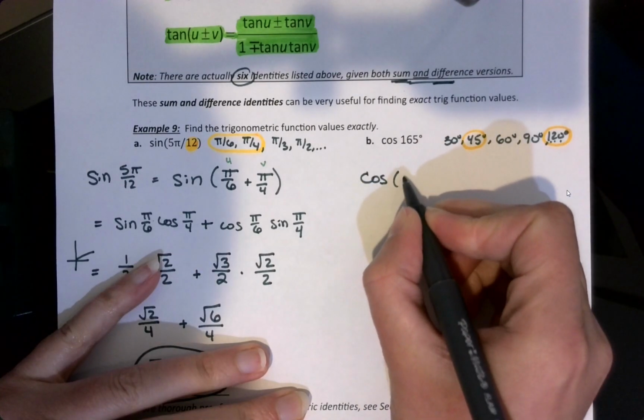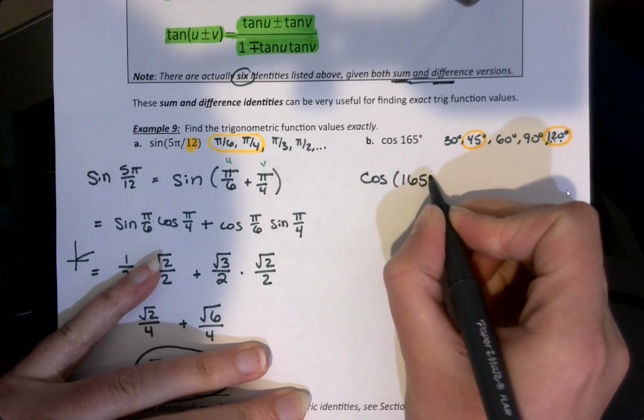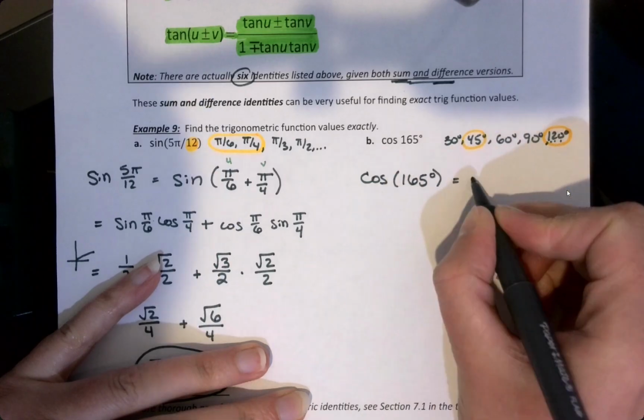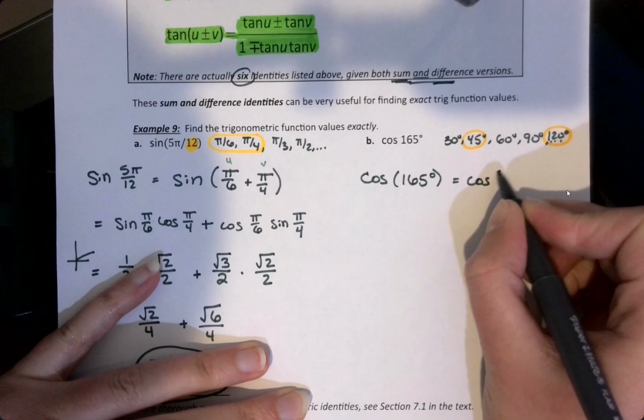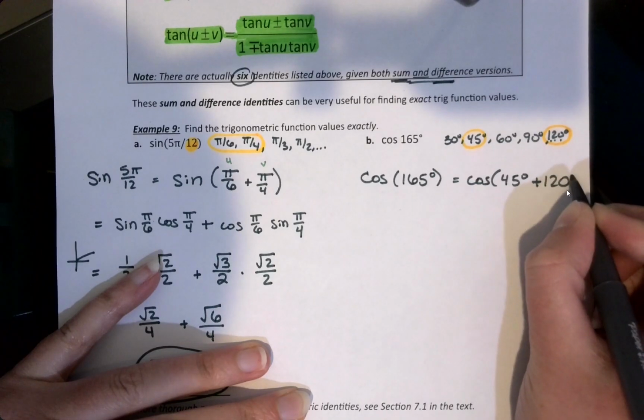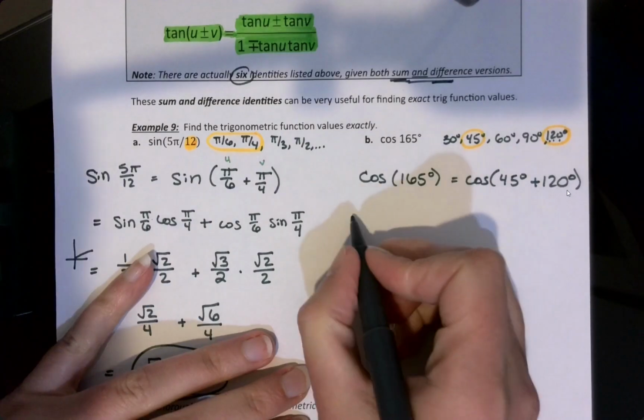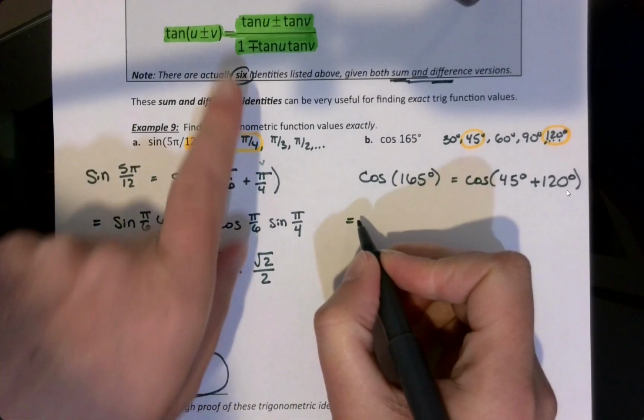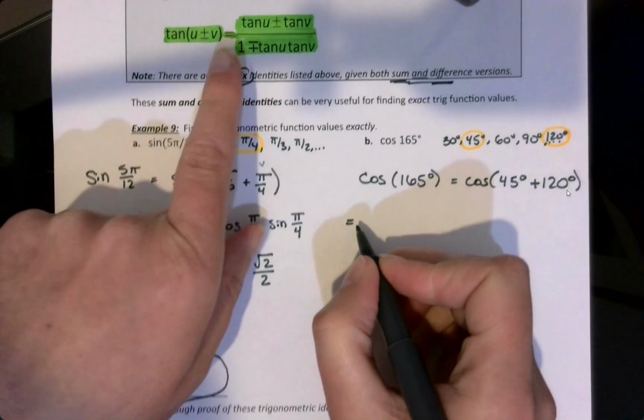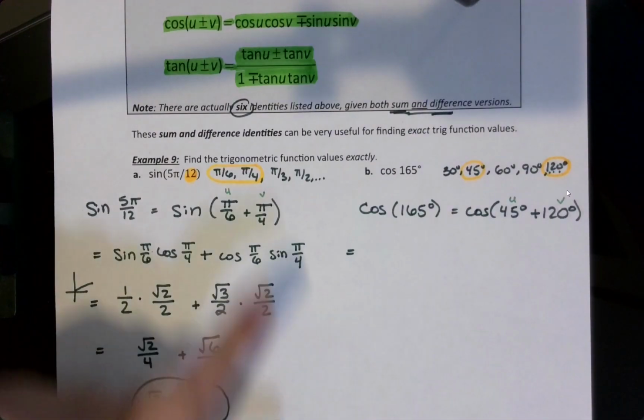And for the sum, we are going to take the cosine of u, which is 45 degrees, cosine of v, which is 120 degrees. We are going to subtract sine of 45 degrees, sine of 120 degrees.